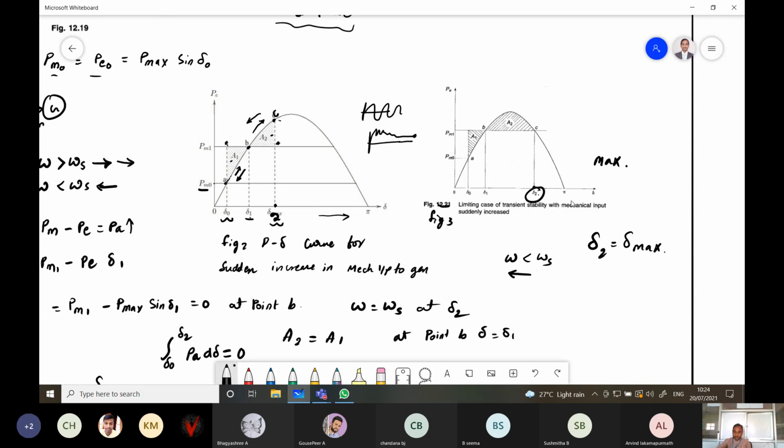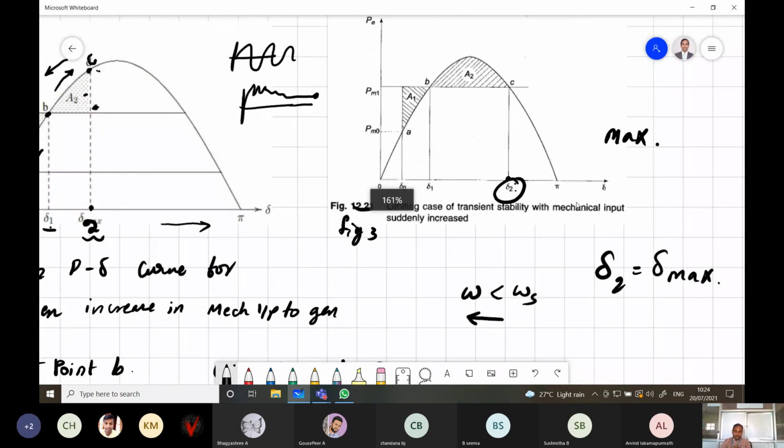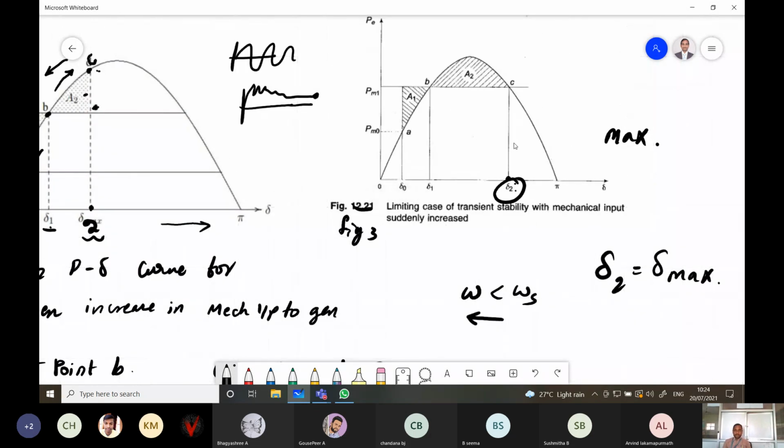What is the distance between here and here? Here to here the distance is delta 1, and similarly here to here is also delta 1. So delta 2 is given by pi minus delta 1.